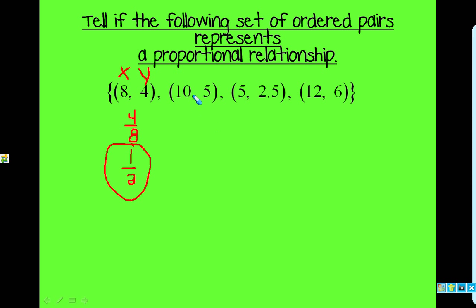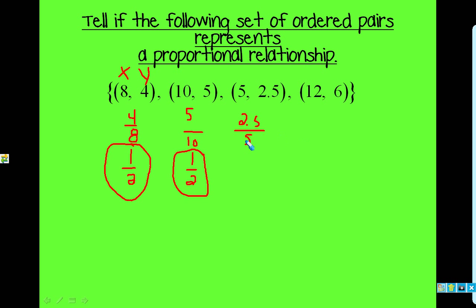Here is our y over our x, which can also be reduced to 1/2. 5 is half of 10. Looking good so far. Over here, we have our y of 2.5 and our x of 5, which is once again, 2.5 is half of 5.